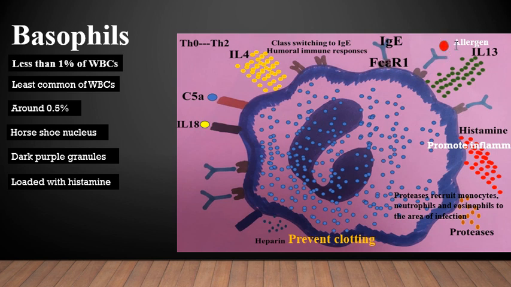So once the allergen binds, this will release the mediators. They also produce cytokines, for example interleukin 13 and interleukin 4, and these have the capacity to induce class switch to IgE antibodies.